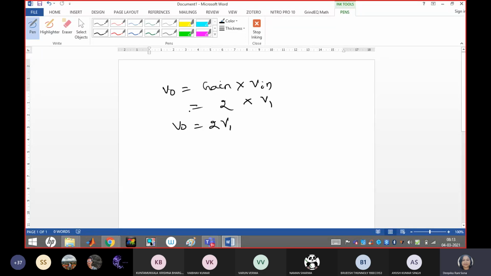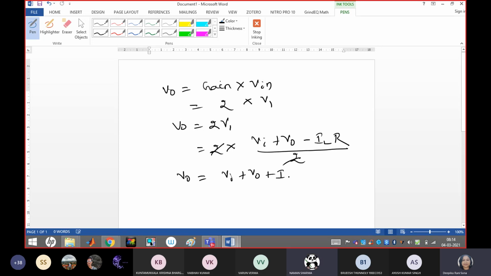So what is the V1 available with us? Two into Vi plus V naught minus ILR. We calculated the value of V1 in the previous equation. So what is the V naught equation then?